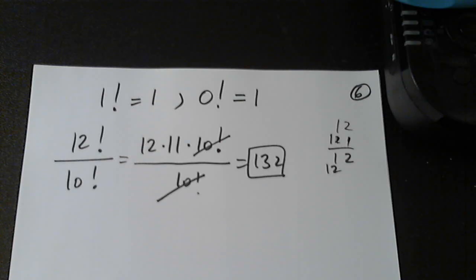12 factorial may not be too big for the calculator, but if I change this to 120 factorial, the calculator probably won't be able to calculate it. So 12 factorial is 479,001,600.